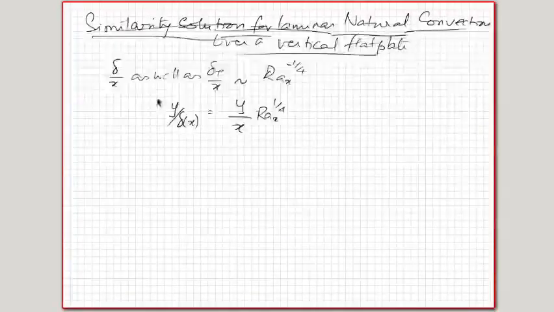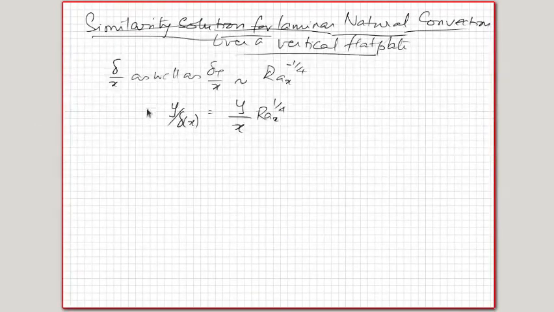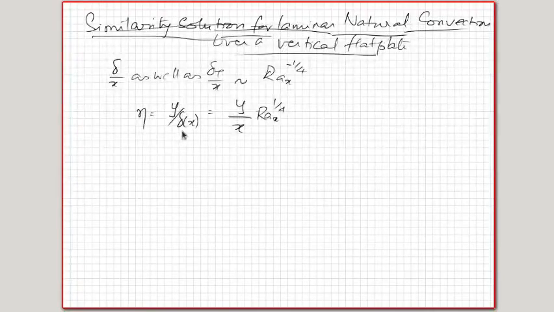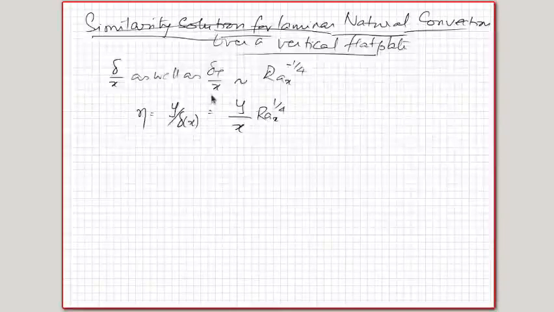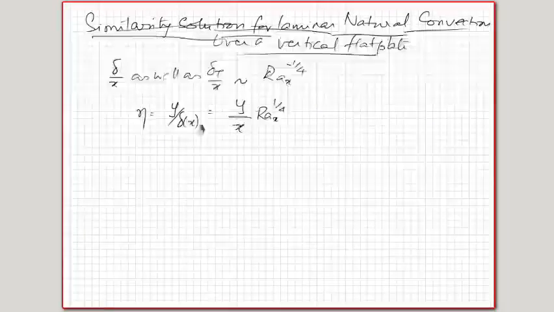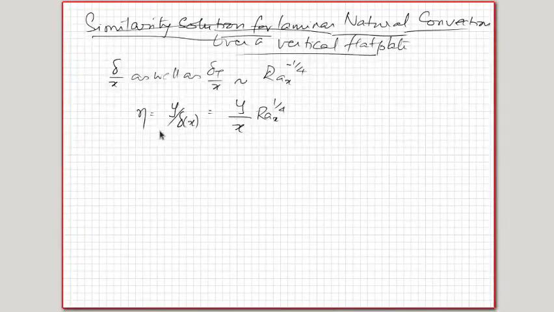Okay, so this is one non-dimensionalization we'll do. So we'll say this is eta. So when I normalize y with respect to delta, since delta T also goes as the same Rax to the power of minus 1 by 4, delta T will have the same variation with some constant. That constant can of course be obtained when we do the solution. So we only normalize with respect to this. So the similarity solution remains a similarity solution when we do this.